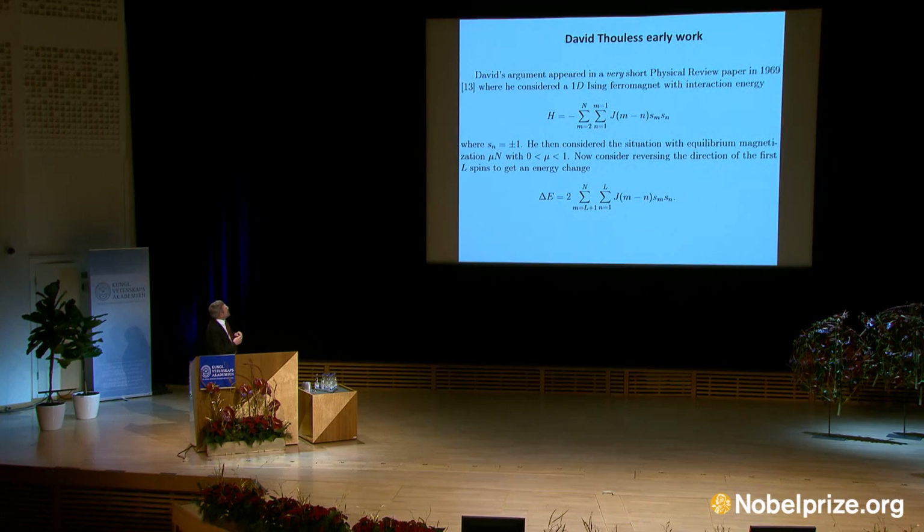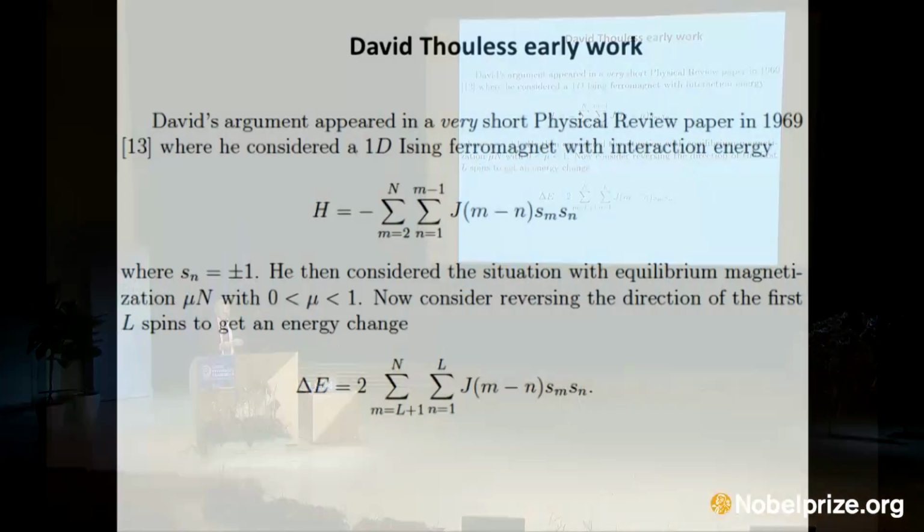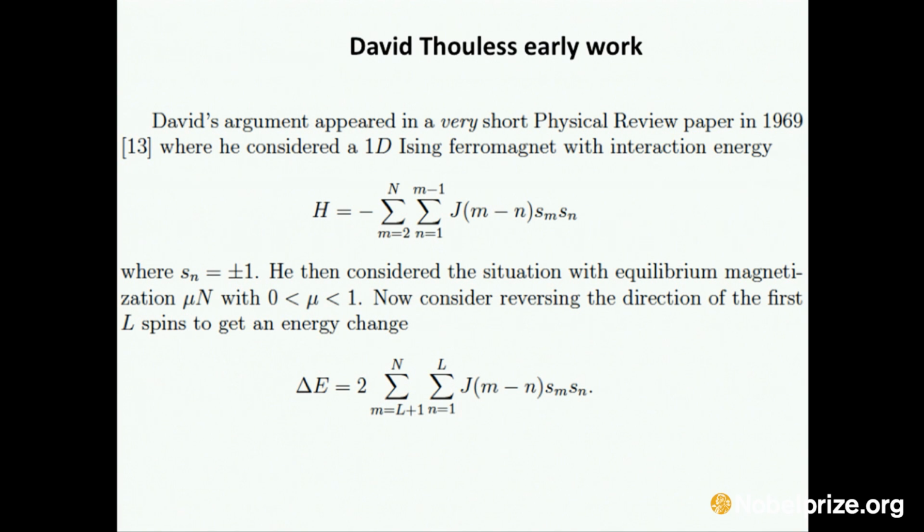Now, okay, let's see if I can get my computer to work. Okay, so the early work of David, which was very influential to our thinking in this field, he did in a very short Physical Review paper back in 1969.